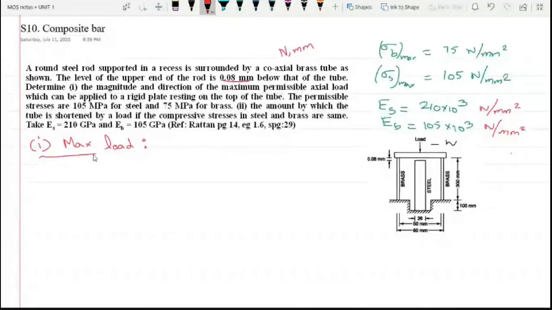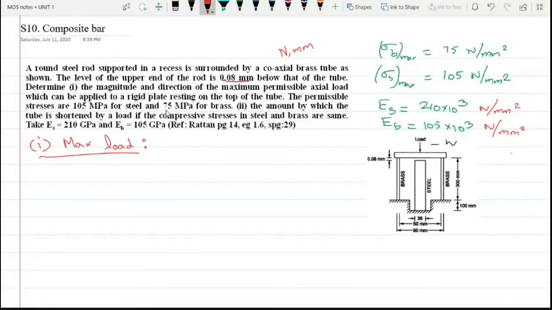There is no relation between the first part and the second part, because in the second part they say the compressive stress is equal for brass and steel, whereas in the first statement they give the values of maximum stress. So it is somewhat different. Don't get confused. The statement for the first subdivision is up to this. The other is different.